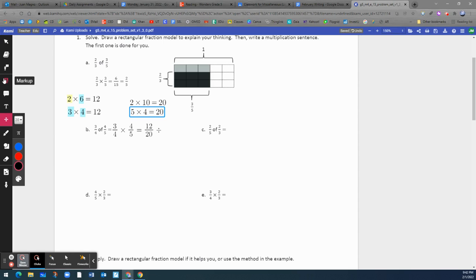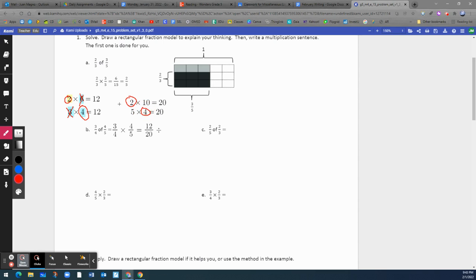So here's what you do. We're going to look at the factors that are the same on both of them. For example, in the 12 and the 20, the 2 and the 2, that's something they have in common. The 3, they don't have in common. The 6, they don't have in common, but the 4, they do have in common.